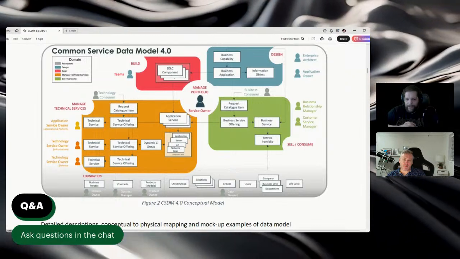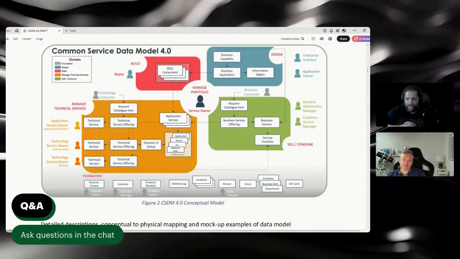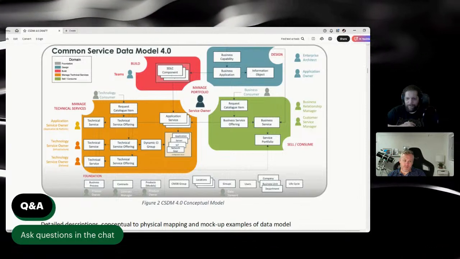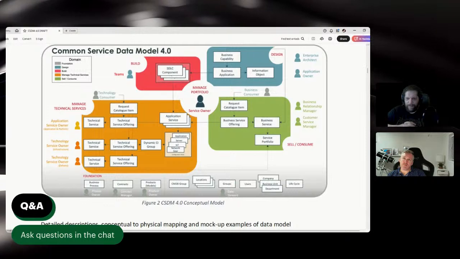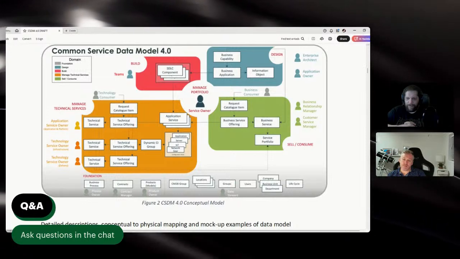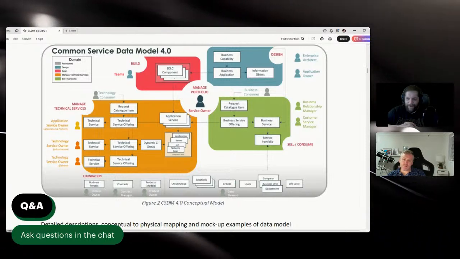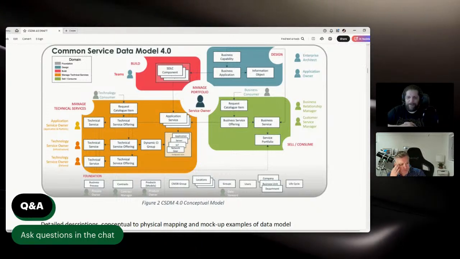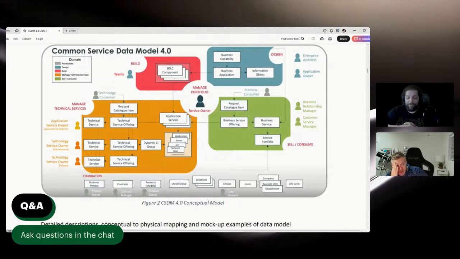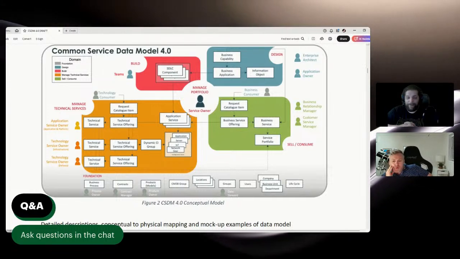Freddie has a question. How does CSDM support elastic compute, where their compute modules are only there for a short time, then are destroyed? What level should this be tracked at? Oof, that's a very good question.